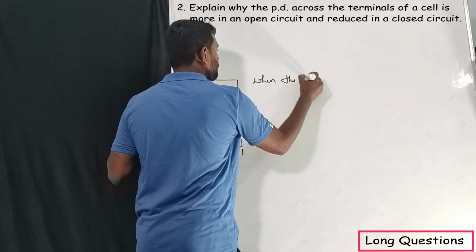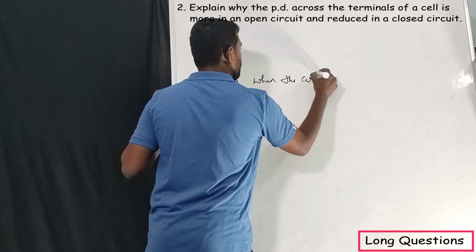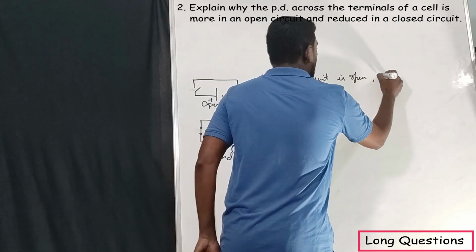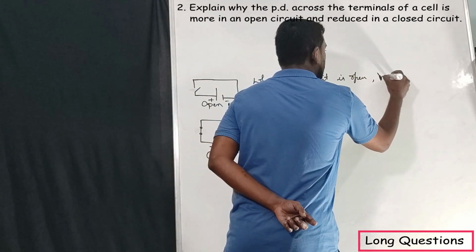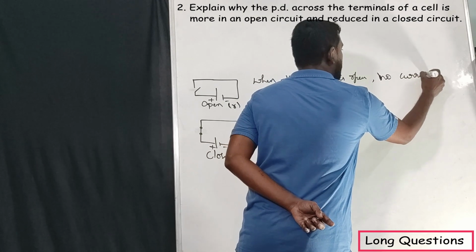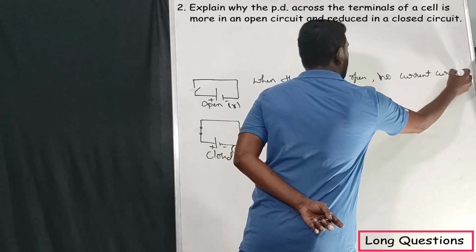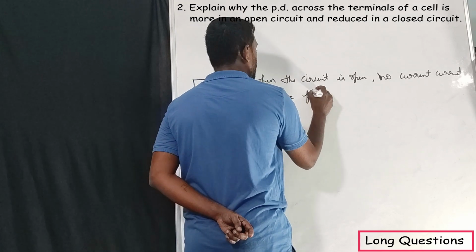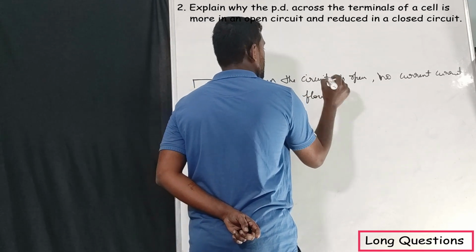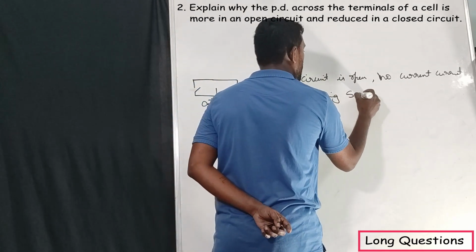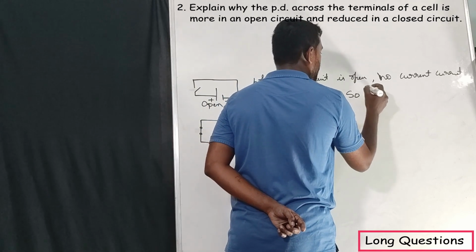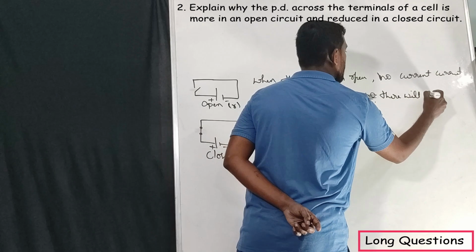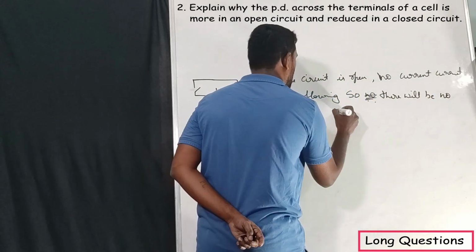Okay, when the circuit is open, you have to start like this. When the circuit is open, no current will be flowing. So there will be no small v.